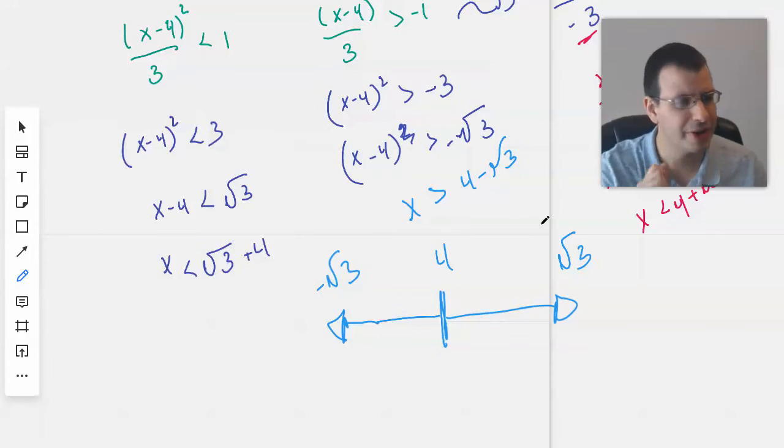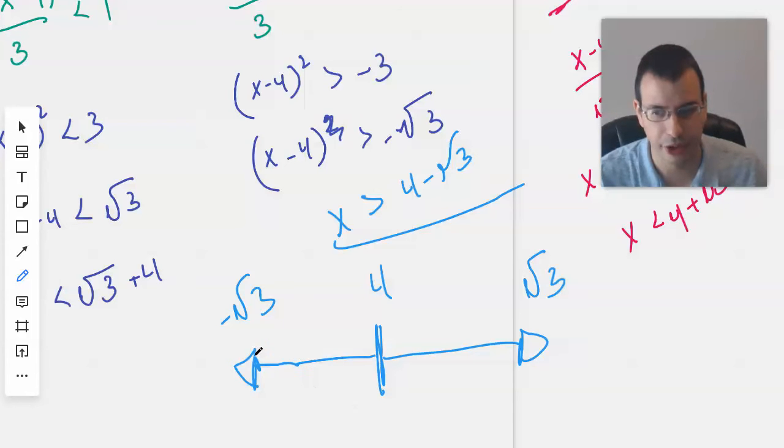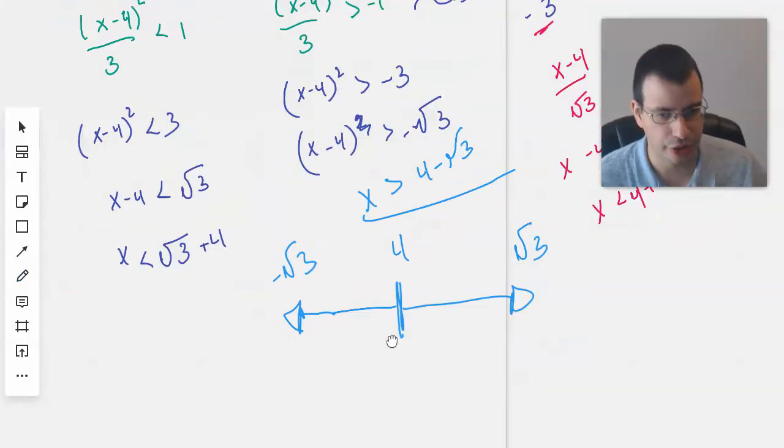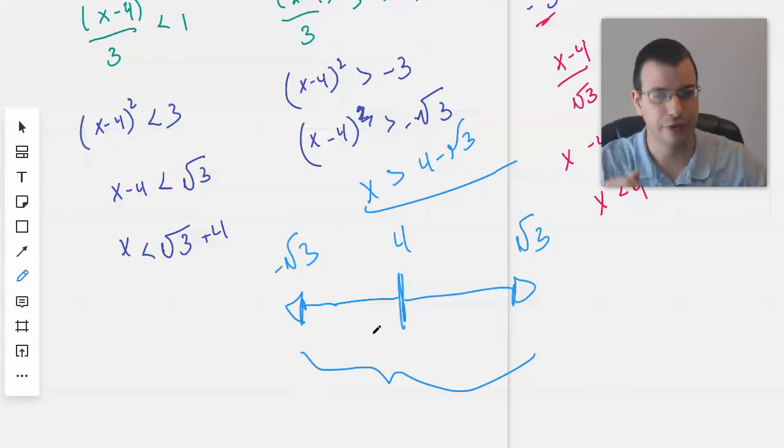There's some math there that I need to figure out. But when we have a value within here, this will converge.